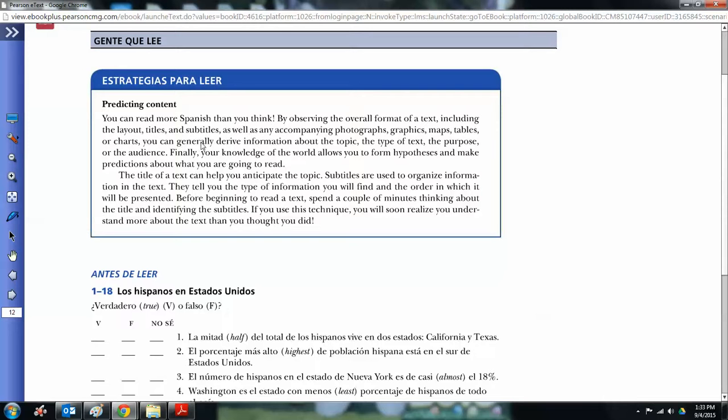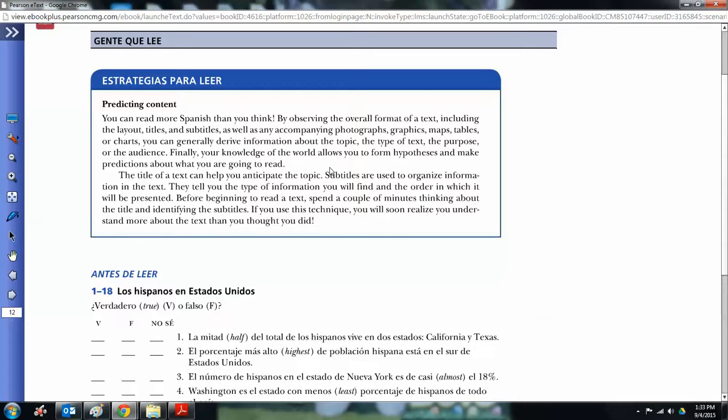You can generally derive information about the topic, the type of text, the purpose, or the audience. So by looking at the pictures, the graphics, the maps, the tables, the charts that all surround what you're getting ready to read, you can have a sense about what the topic is that is addressed in the reading that you're getting ready to do.